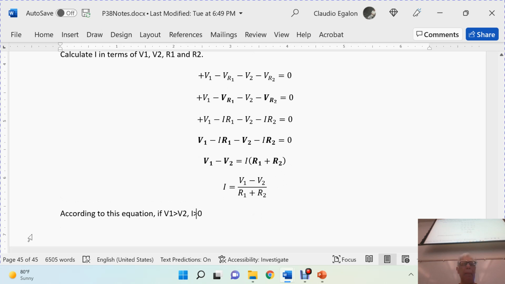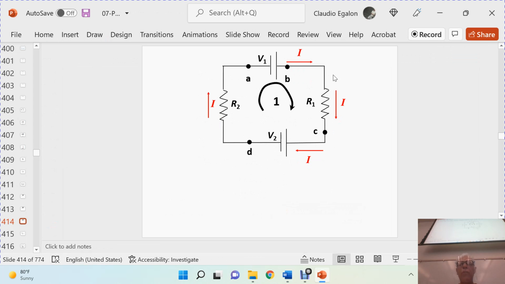What does it mean, I being greater than 0? It means that we chose the right direction for the current. We didn't know if the current was going to flow this way or the other way.